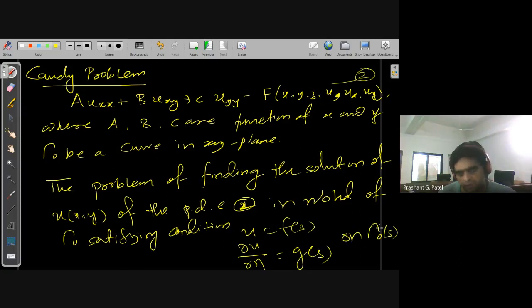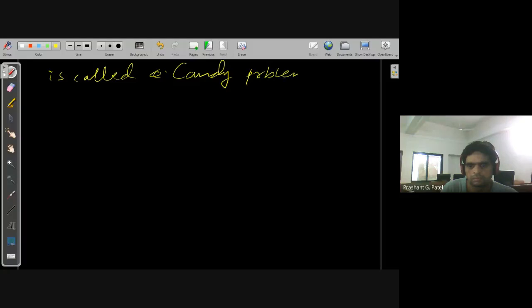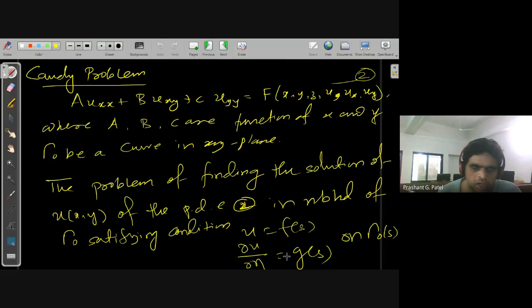This is called the Cauchy problem, and the two conditions which we have stated here are known as Cauchy's conditions.